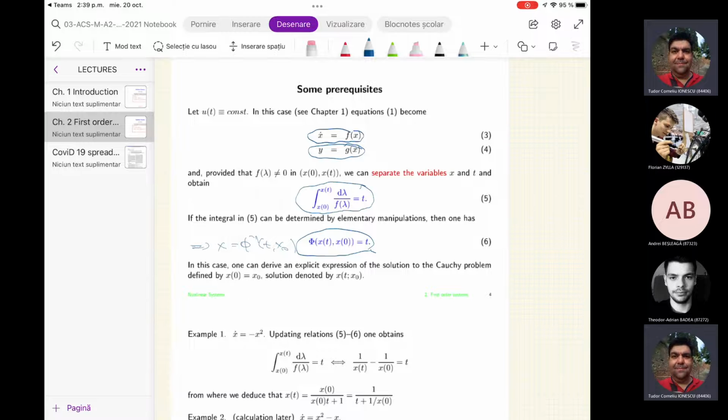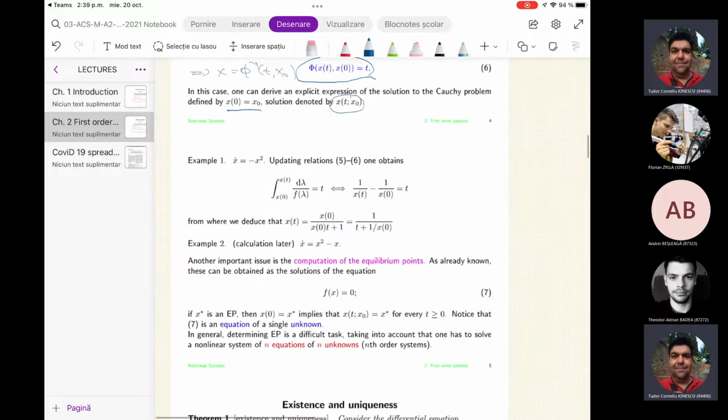So we can get an explicit solution of the Cauchy problem. The Cauchy problem is the problem of solving a differential equation defined by the initial condition and the time. In general, we denote it in this form: x of time and the initial condition x naught. This is kind of easy at this level.